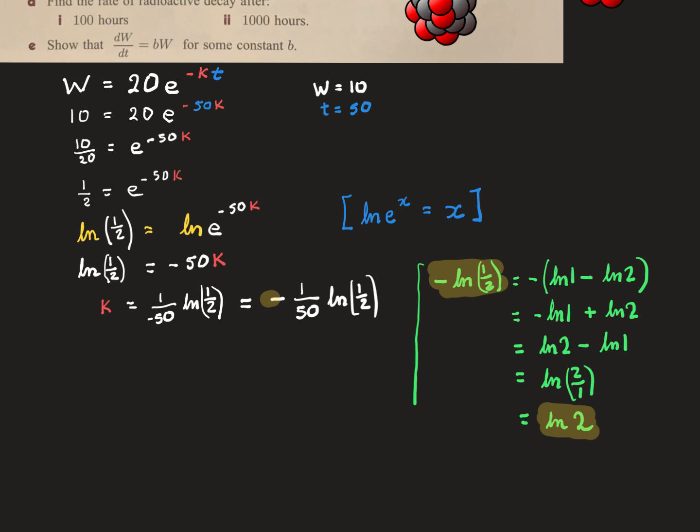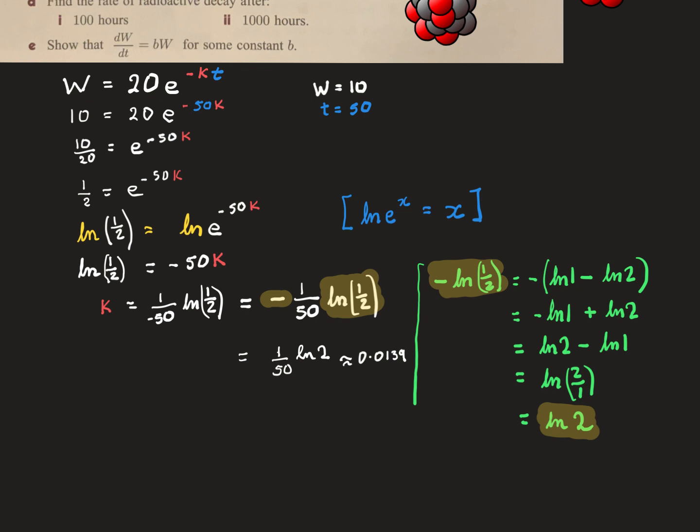So in that case, if I move that, minus ln a half, I can now write this to be 1 over 50 ln2, which can be calculated to be 0.0139.